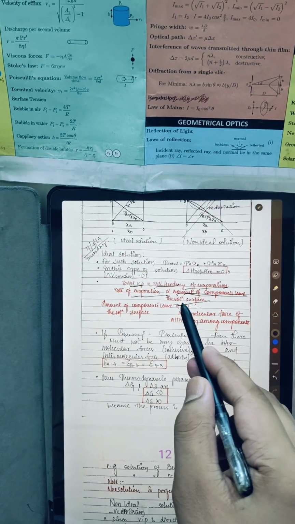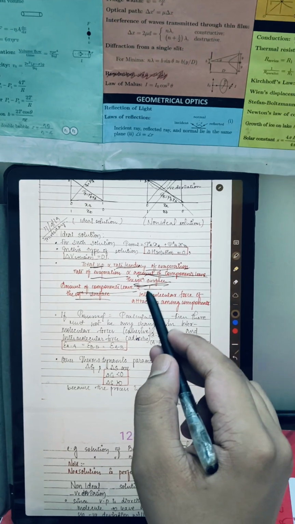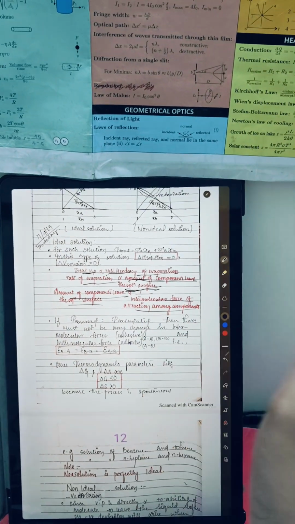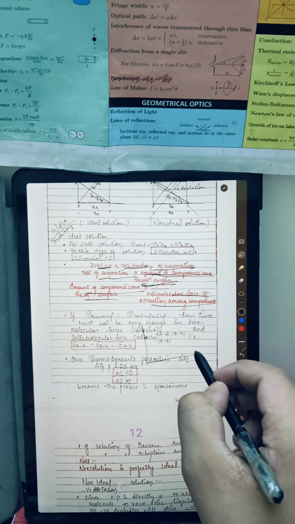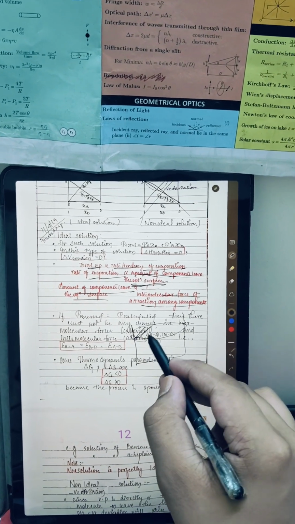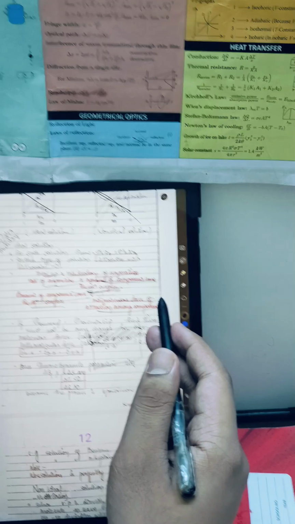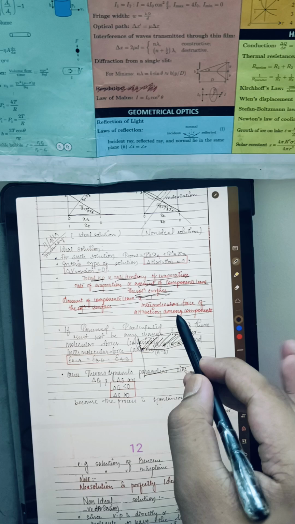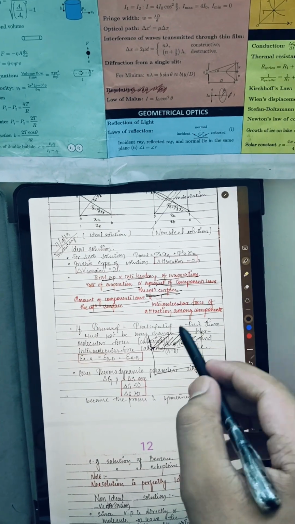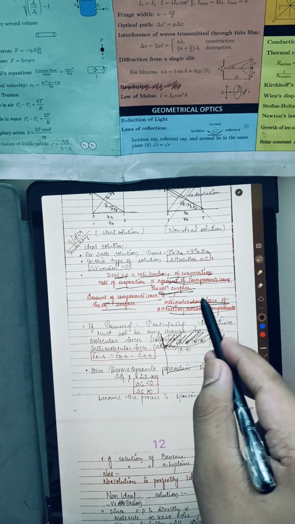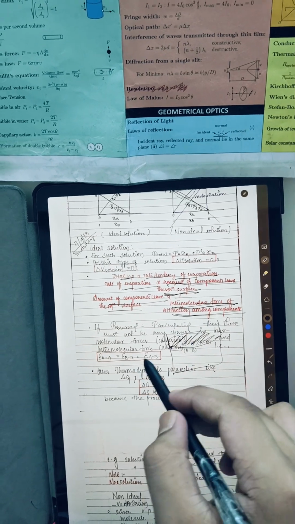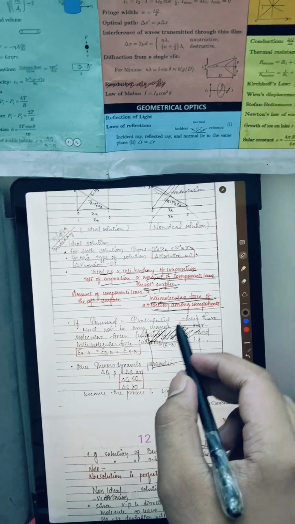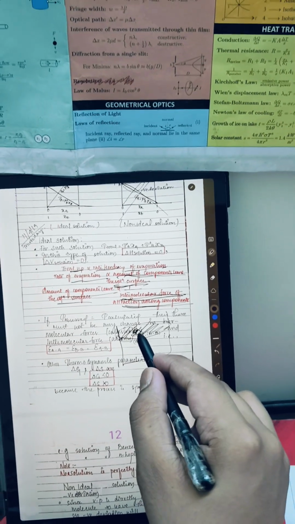The amount of components leaving the solution surface is inversely proportional to the intermolecular force of attraction among the components. So if this is the solution surface and 5 grams of solute and 5 grams of solvent have left, that amount is inversely proportional to the intermolecular force of attraction among the components. If the intermolecular force between solute and solvent is more, it would be difficult to remove them.